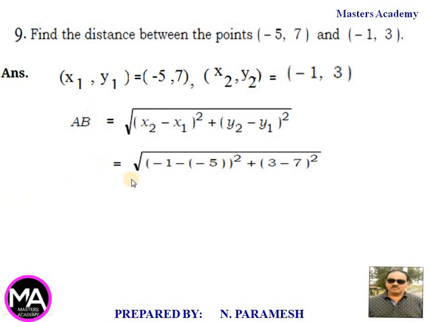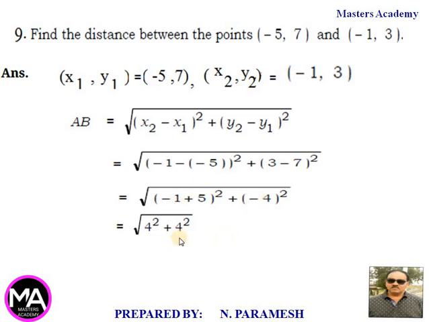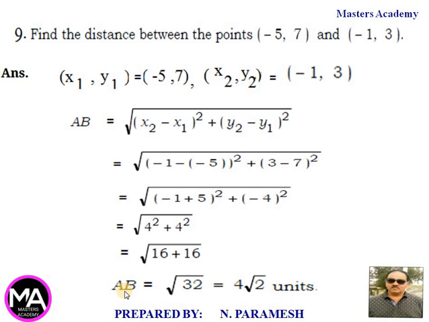Substituting the values, √((−1 − (−5))² + (3 − 7)²) = √((−1 + 5)² + (−4)²) = √(4² + 4²) = √(16 + 16) = √32 = √(16 × 2) = 4√2 units.